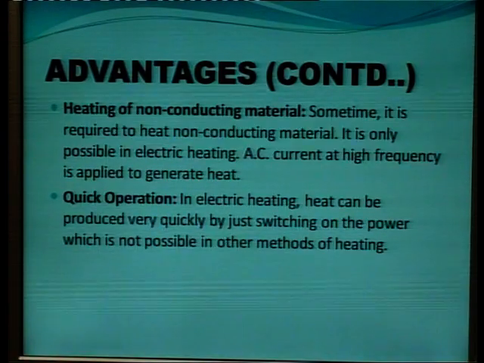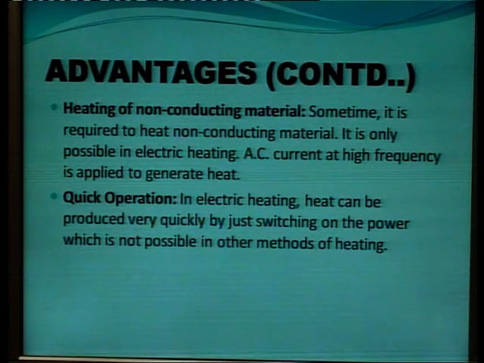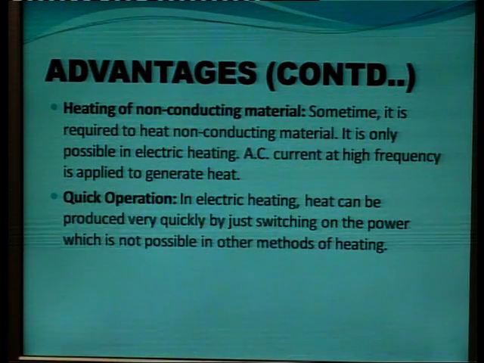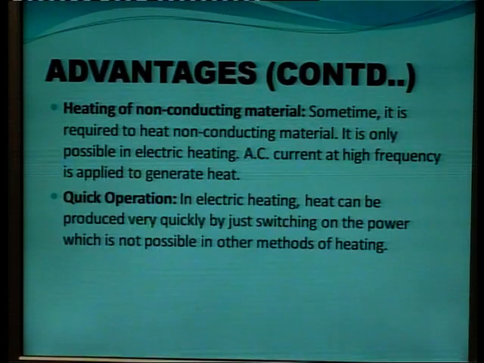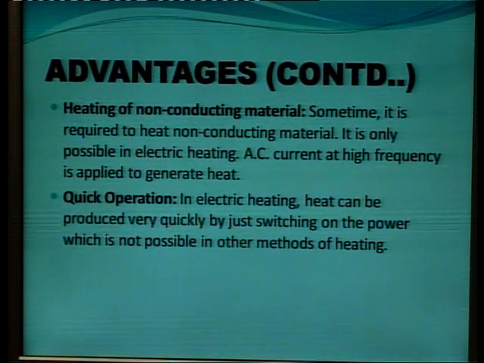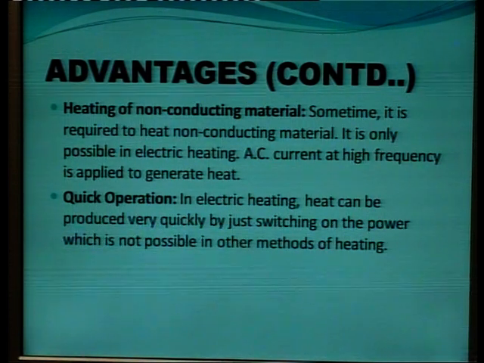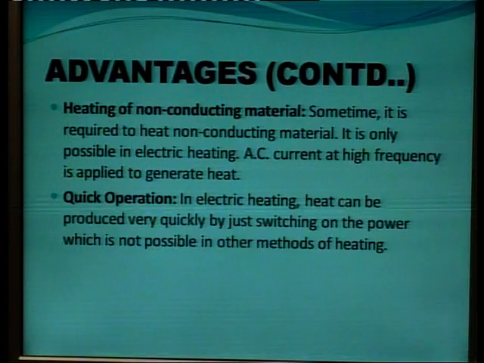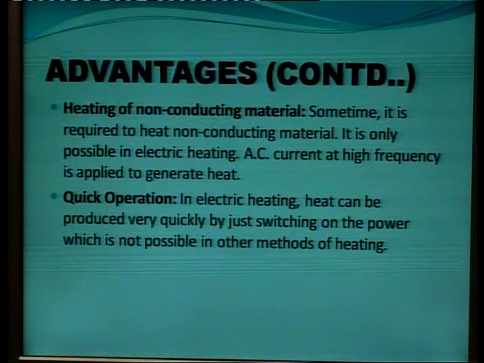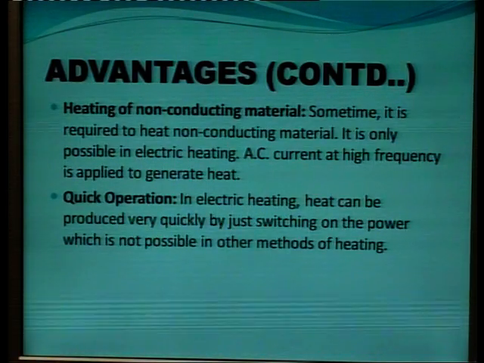The next is heating of non-conducting material. By using the electric heating process, we can even heat any non-conducting material. Sometimes it is required to heat non-conducting material. This is only possible in electric heating, in which AC current at high frequency is applied to generate heat, and the example is dielectric heating.